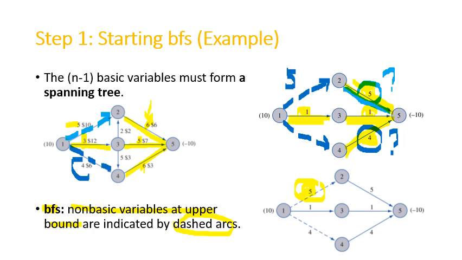The same reason for x1,4: you're sending 4 units, and the maximum capacity of this arc from 1 to 4 is also 4. So this is a non-basic variable.